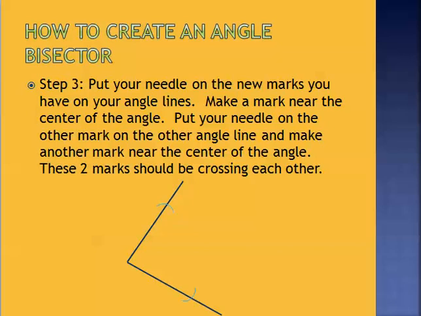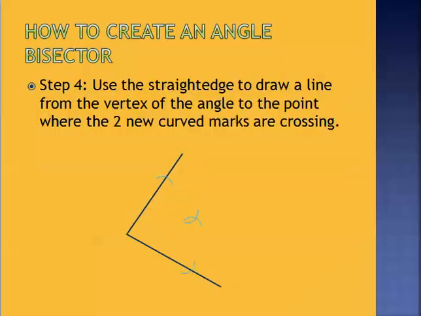Now these two new marks should cross each other. So you can see here, this would be the resulting picture from the previous step. You have two new light blue lines in the center of your angle, and you see how those two lines cross.